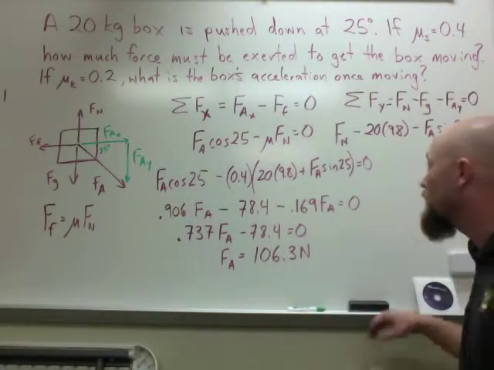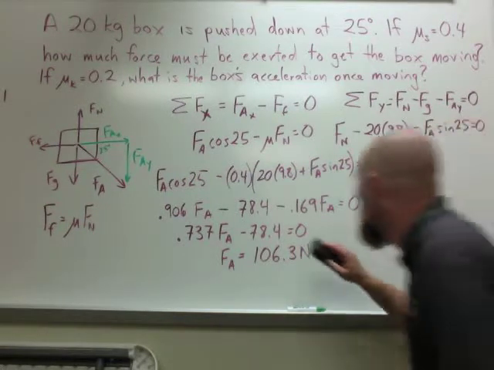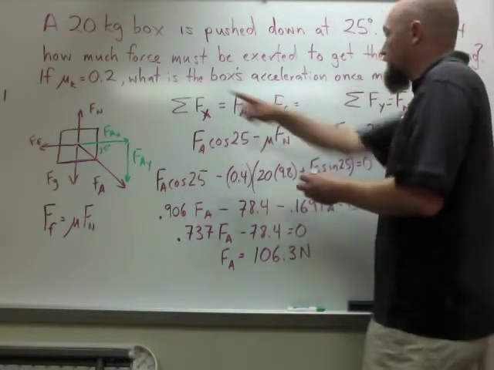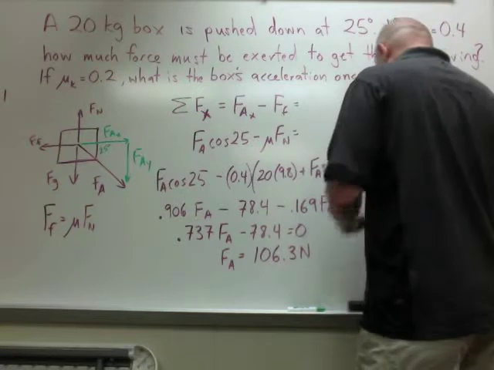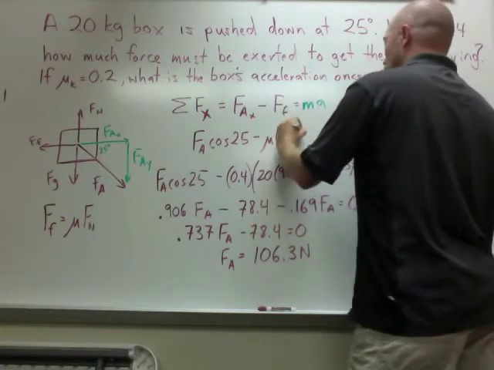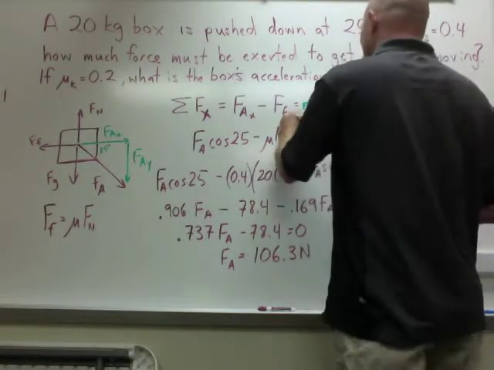Now for the second part of our question, the only difference is that this equals ma, because I'm trying to figure out my new acceleration. This is going to equal ma, where m is 20.